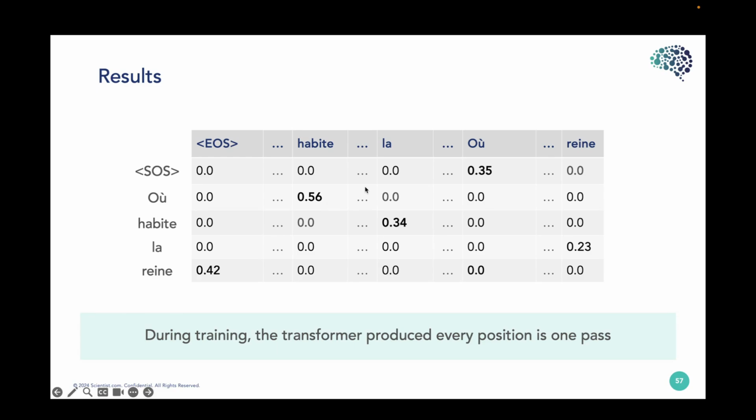Had we not masked, SOS would have had context for all of the next words, which it's not going to have during inference. You would have to train it for every position individually, which would make training exceptionally more expensive, especially for long sequences. So that is one of the things that makes the transformer so powerful: masking allows you to train every position at once.